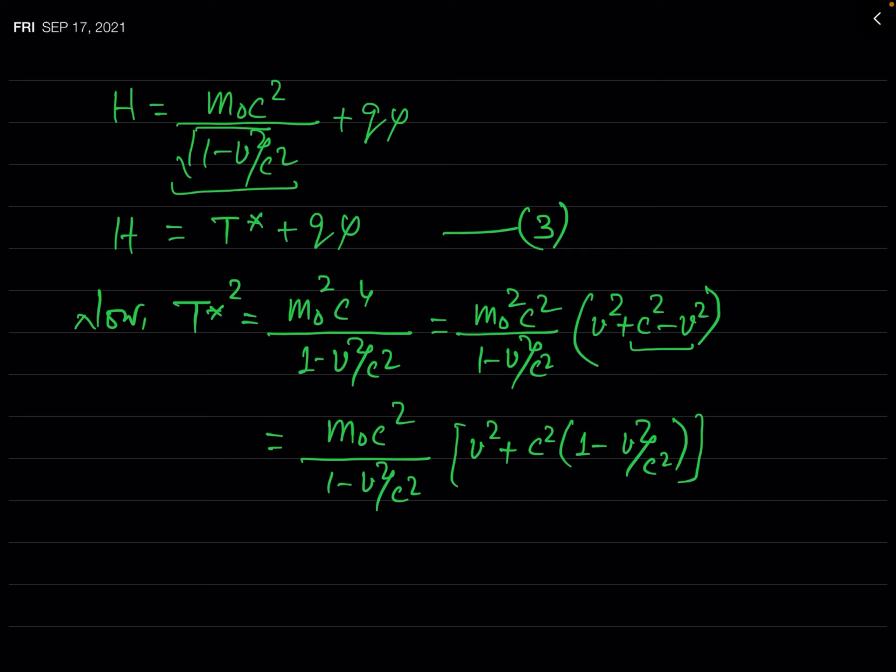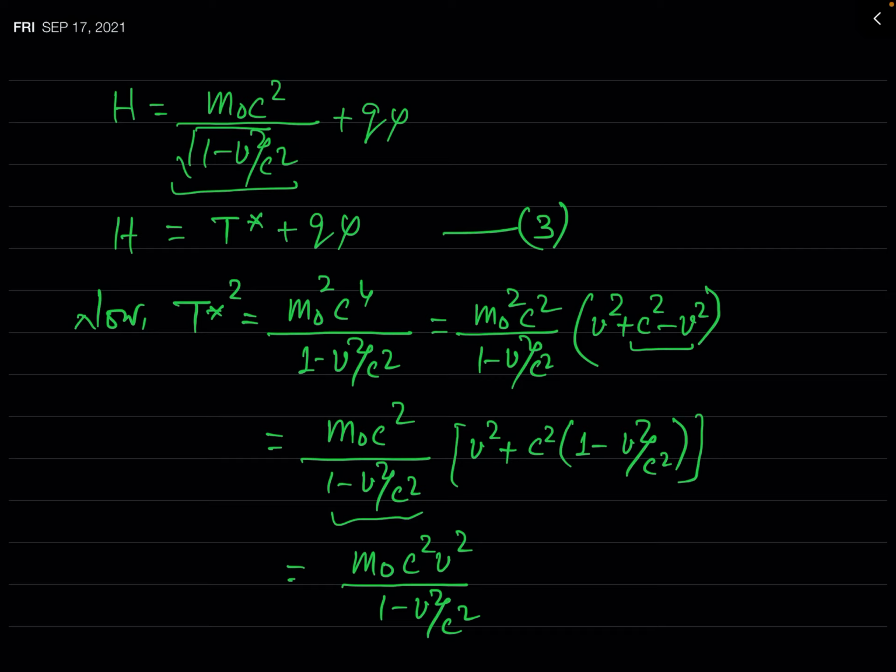You can see v square over c square. Now let us multiply this factor to the terms inside the bracket. When we multiply the outside term to the first term inside the bracket, v square, what will your result be? You can see this is m naught c square into v square over 1 minus v square by c square.